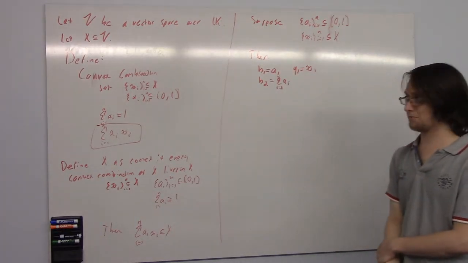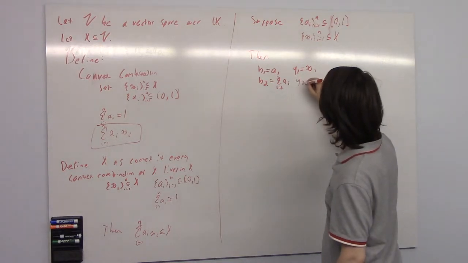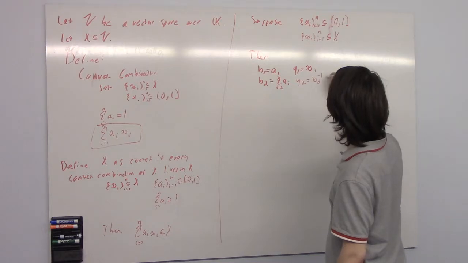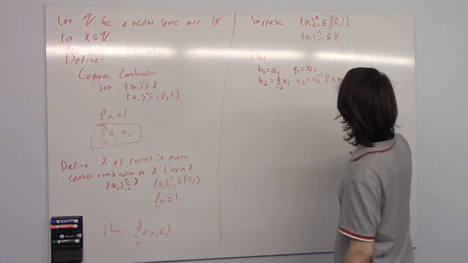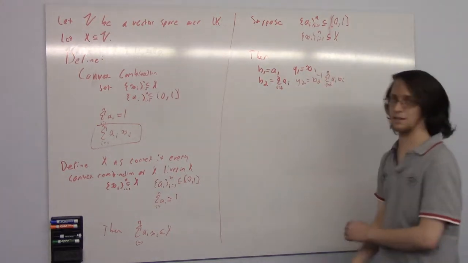Suppose n is greater than or equal to 2. Let b_2 equal the sum of a_i's, i equal 2 to n, and y_2 equals b_2 inverse times the sum a_i x_i, i equal 2 to n.